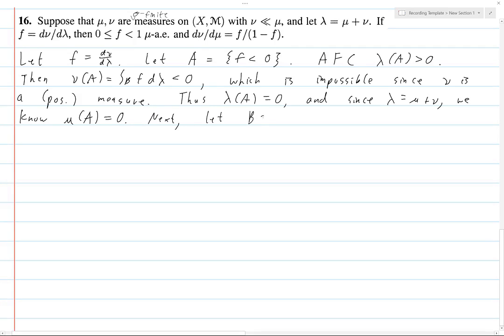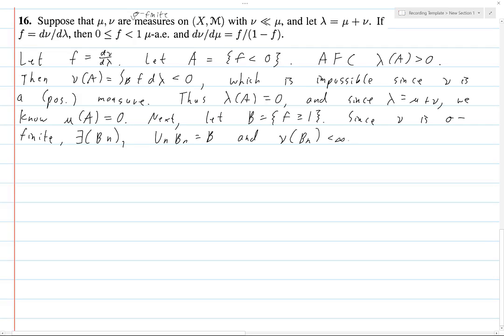let B equal the set where f is greater than or equal to 1. We want this to have mu measure 0. Since nu is sigma finite, there exists a sequence Bn of sets such that the union of the Bn's is equal to B, and nu of Bn is finite for all n.